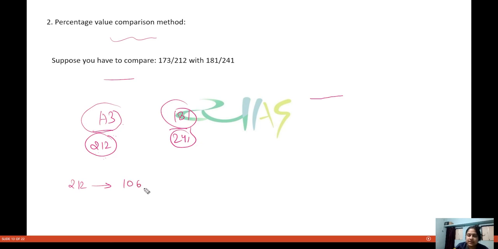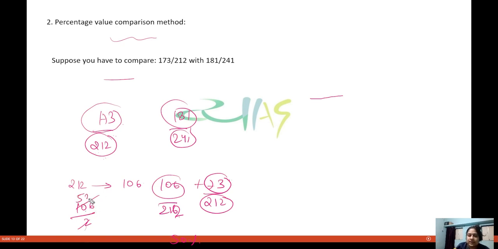Now what about 20? Half of 53 is 26.5. So this 20 is less than 12.5, because half of 25 is 12.5, so this 20 is less than 12.5. Now what will be half of this?